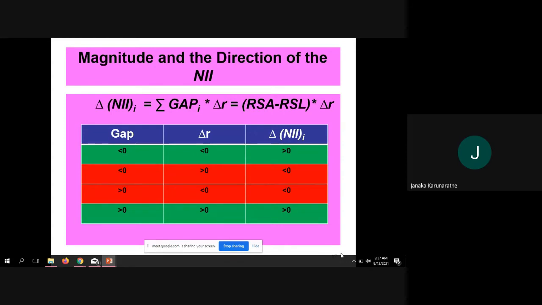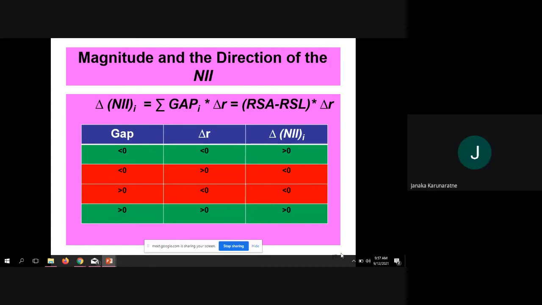So if you have a negative gap, that means you have more rate sensitive liabilities than rate sensitive assets, and interest rates decline, what would be the impact? Change in net interest income is positive, greater than 0. What do you mean by that? Net interest income will increase.